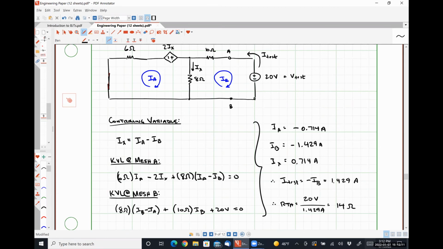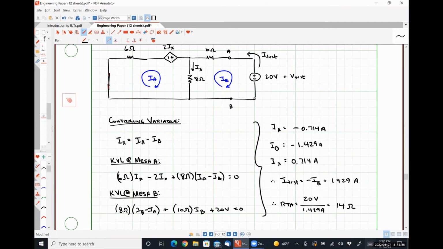So with a 20 volt source, I got a test current of 1.429 amps. So if I had chosen a 40 volt source, that doubling the voltage, that current should have also doubled, but that ratio is going to be a constant because it's a linear circuit.